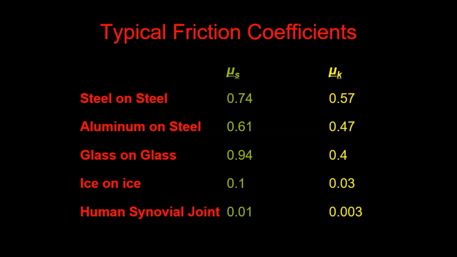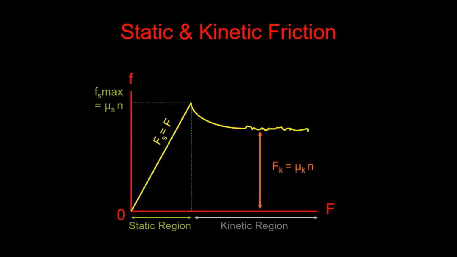This means we can draw graphs of our driving forces versus our static frictional forces. And if we draw that graph, what we're seeing here are static and kinetic regions. This is frictional force, this is driving force on the x-axis. If we put force into our system, we are pushing and pushing and pushing our system and providing a driving force.